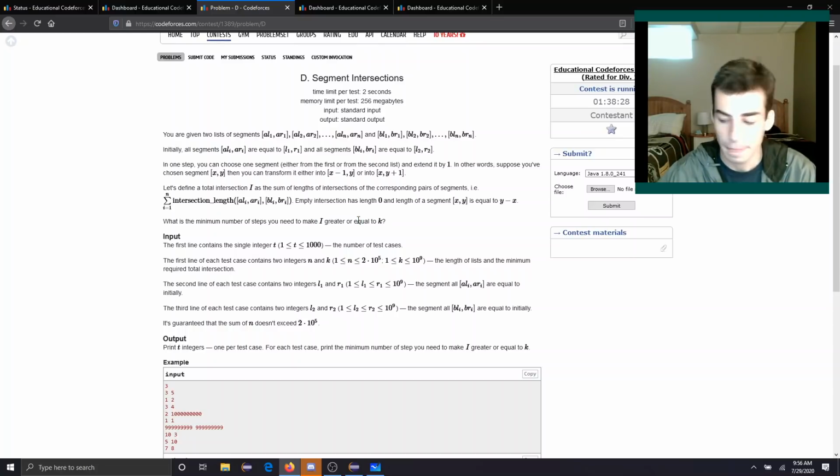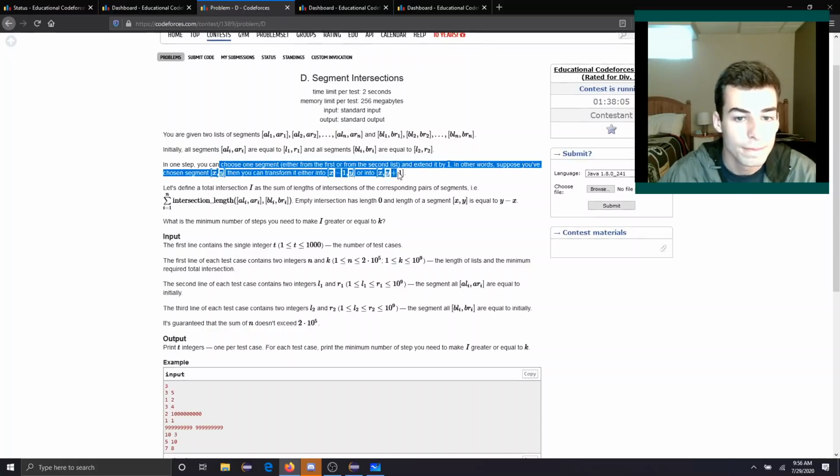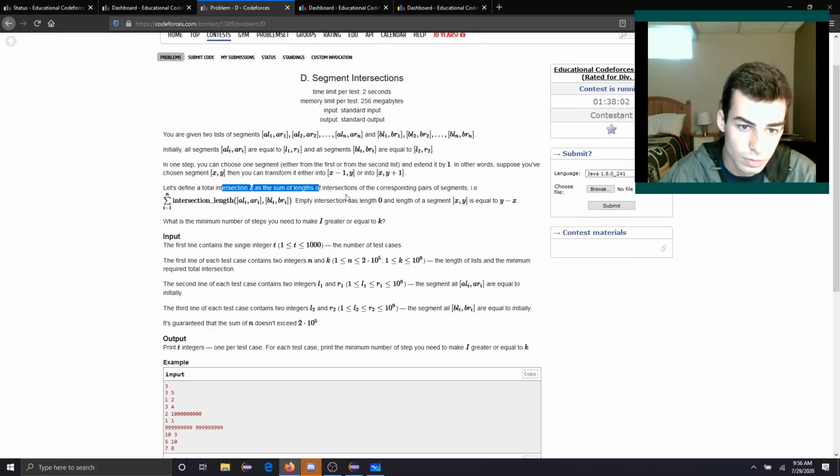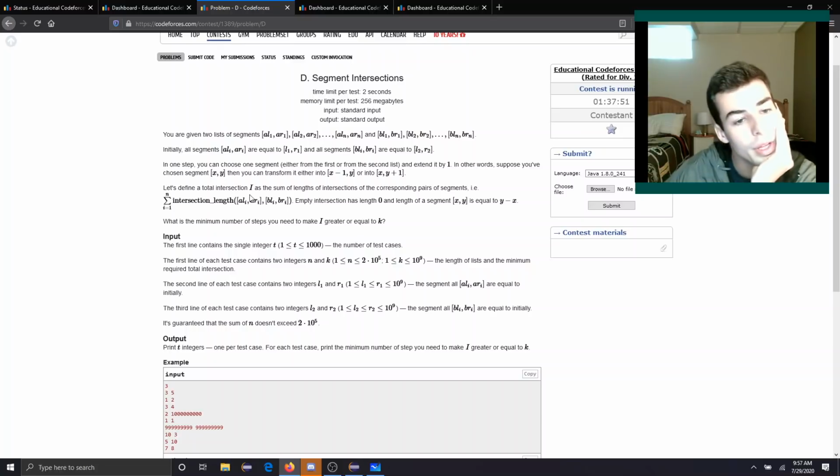All right. So we need our intersection to reach a certain amount. We could binary search that. Is it helpful to binary search it? Maybe. Let's consider that for a moment. Sum of lengths between corresponding. Oh, I see. So this isn't just, that makes the problem easier, I think.